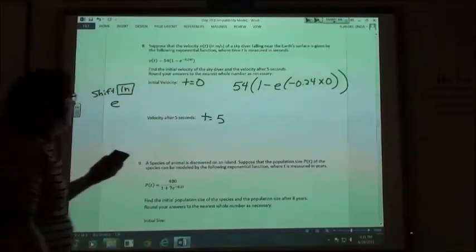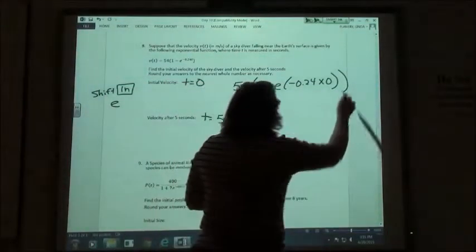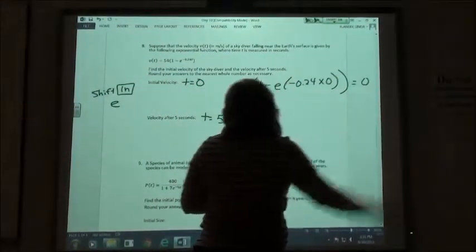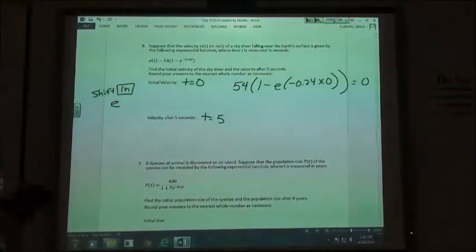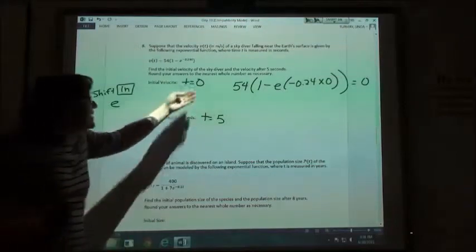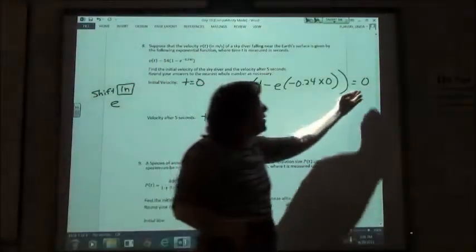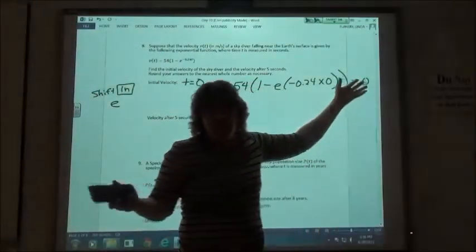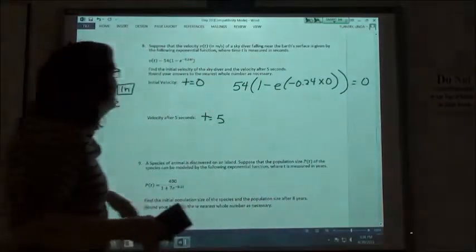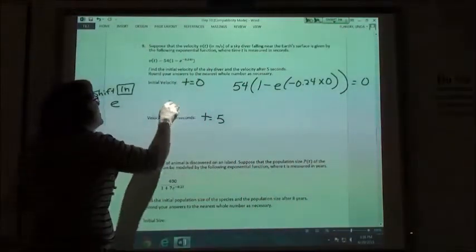Equals, hey, I get 0. A skydiver, he hasn't jumped out of the building yet. His velocity is 0. How far did he fall? Well, he hasn't jumped yet. Should be 0. That makes sense, right? So 0 is my first answer.